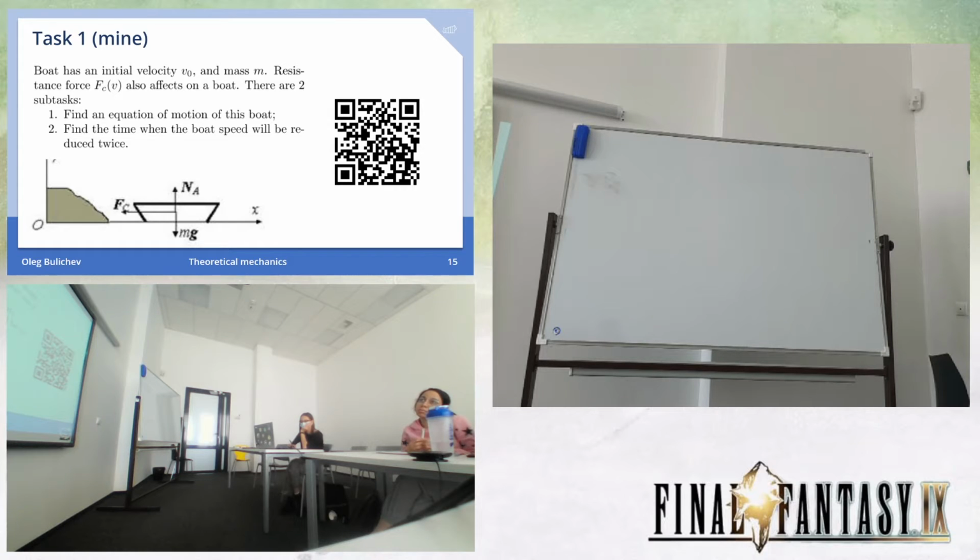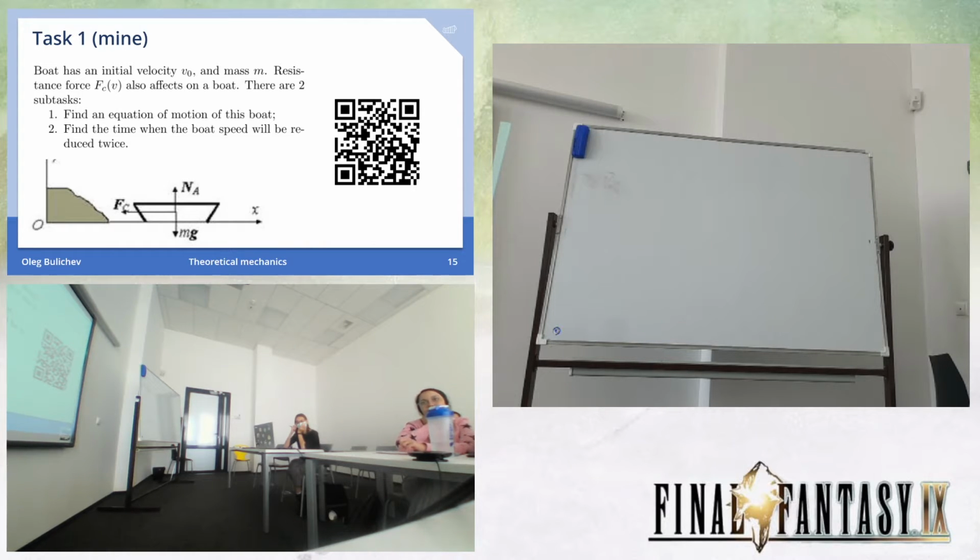A non-inertial system would be a system that is moving with some acceleration with respect to the inertial one. In this case, of course, I can say it much easier. This board, we have coordinate system related to the ground. Yes.